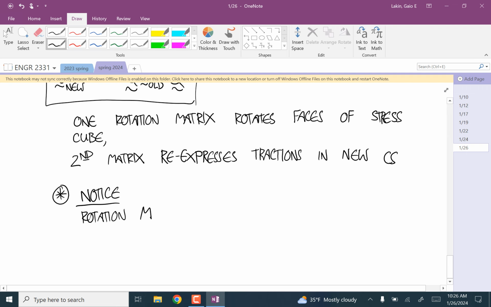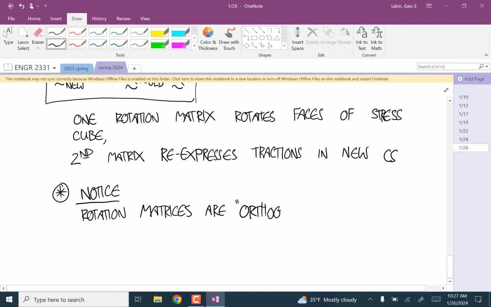So rotation matrices are orthogonal, which means that the columns of the matrix are perpendicular to each other. The columns are mutually perpendicular.